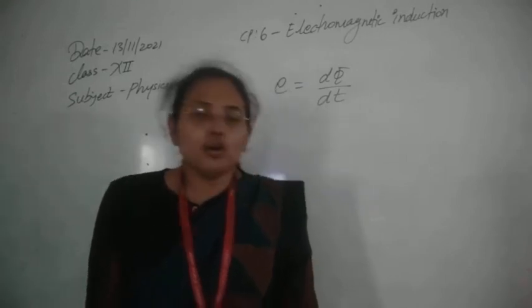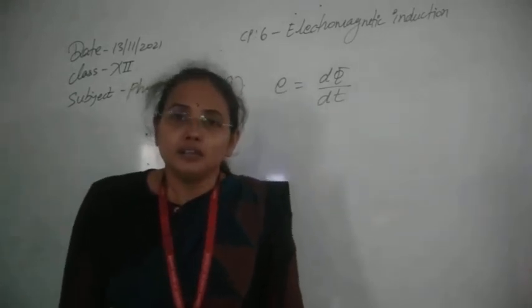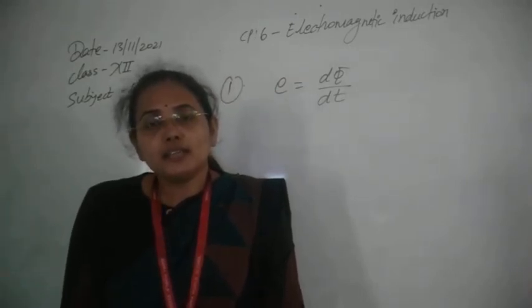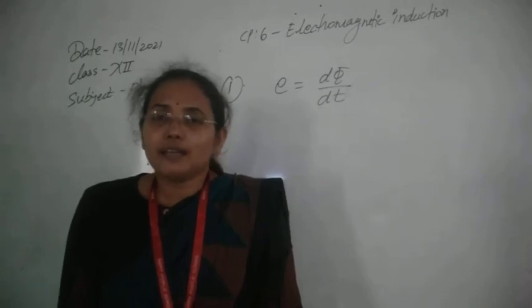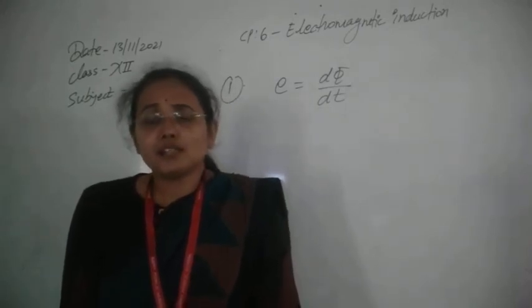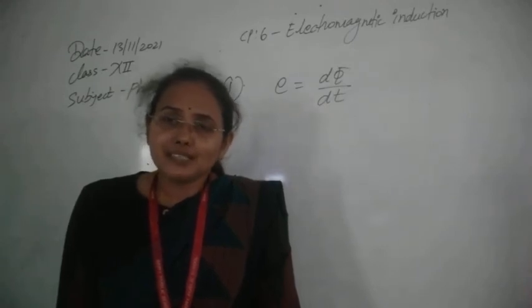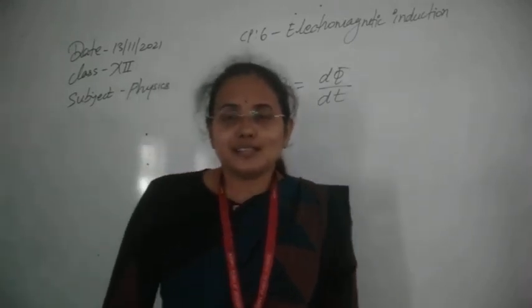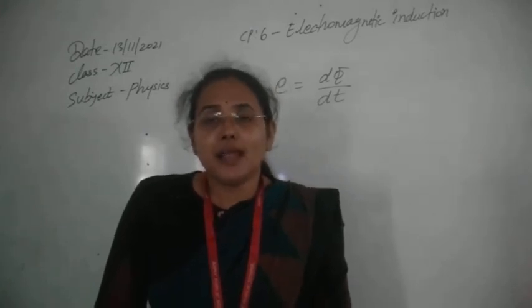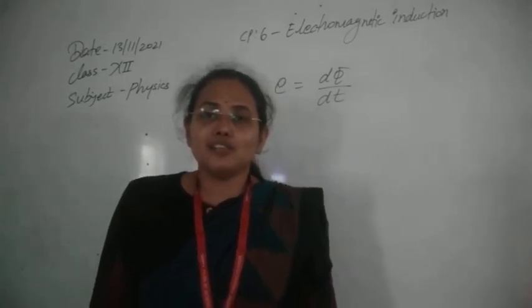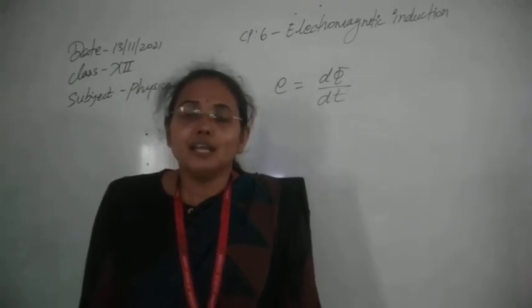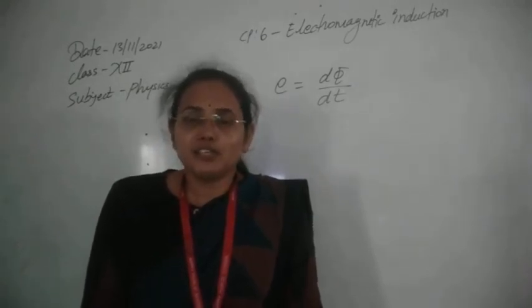According to this law, the induced EMF produced is always in such a manner that it can oppose its own cause. Its cause is the change in flux, so it is always opposing the change in flux. It always has a direction opposite to the change in flux, and this law is also the conservation of energy, because if it did not have an opposing nature, it would show a violation of the conservation of energy.